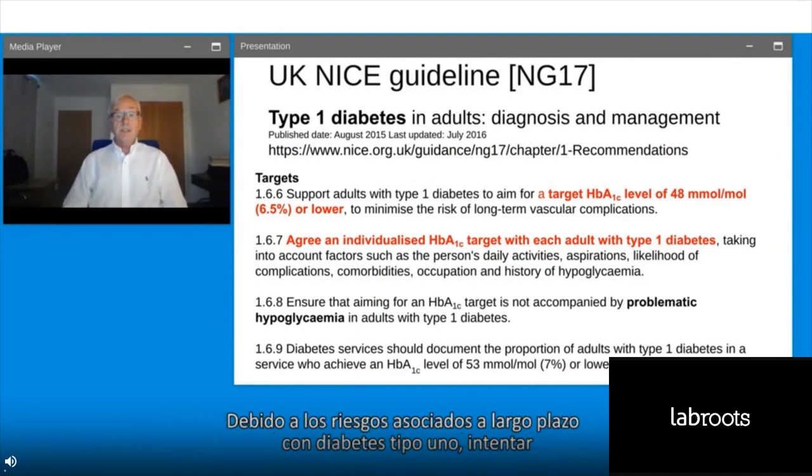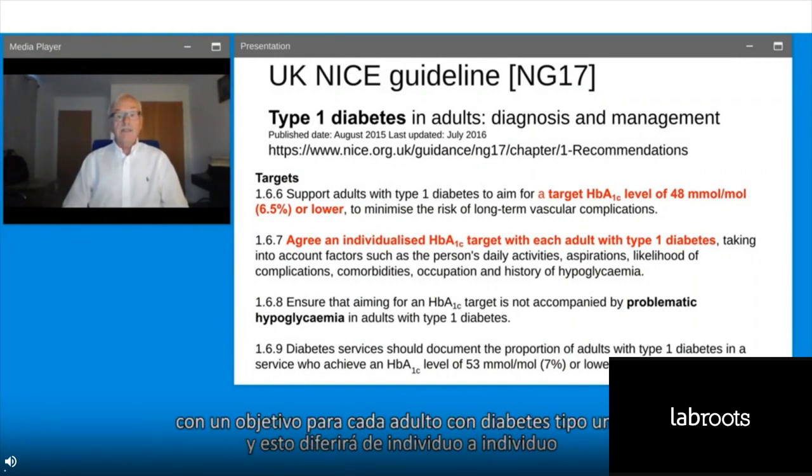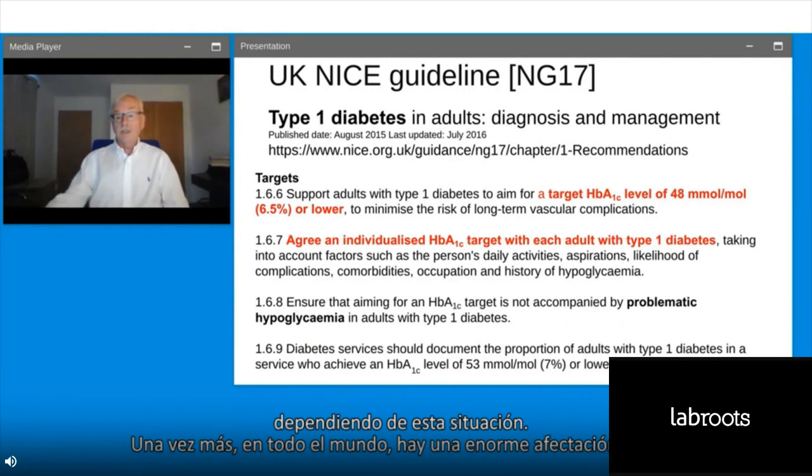Because of the associated long-term risks with type 1 diabetes, a target level of 48 millimoles per mole, or 6.5%, is attempted to be aimed for. But as we now know, we should agree an individualized hemoglobin A1c target for each adult with type 1 diabetes, and this will differ from individual to individual depending on their situation.